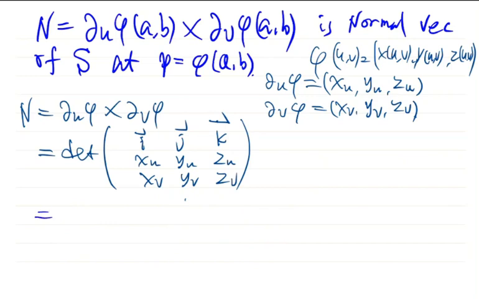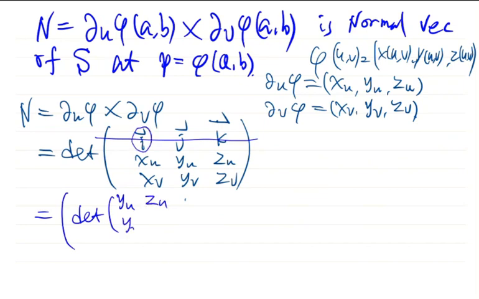We formally expand this determinant with respect to its first row. So we get the determinant of y_u, z_u, y_v, z_v for the first component, then the determinant of z_u, x_u, z_v, x_v, the coefficient of j.